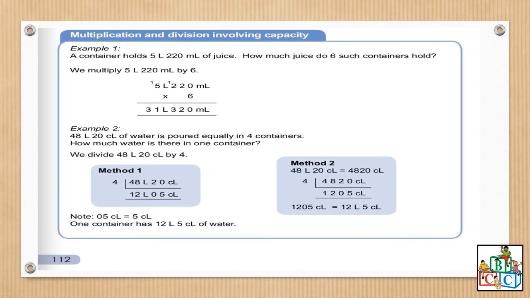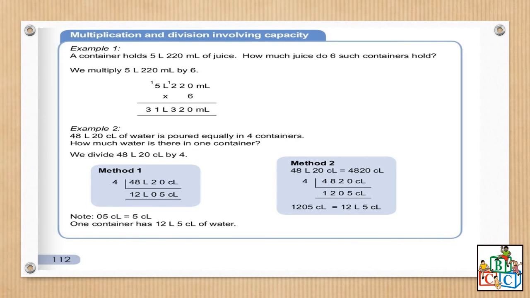How much juice do 6 such containers hold? So obviously you have to multiply 5 liters 220 ml by 6. When you do your multiplication, your answer will be 31 liters 320 milliliters. Very easy. It's very simple multiplication like you're used to doing.